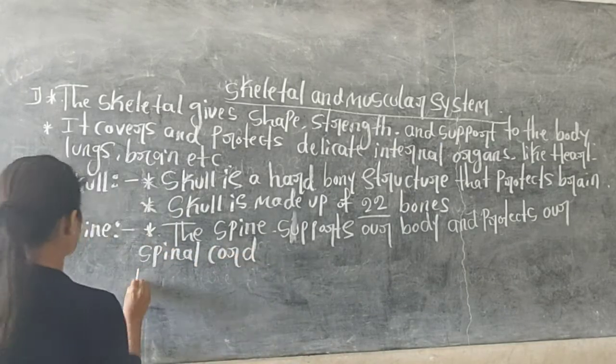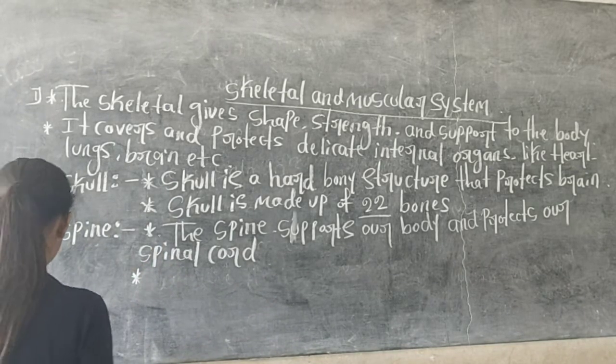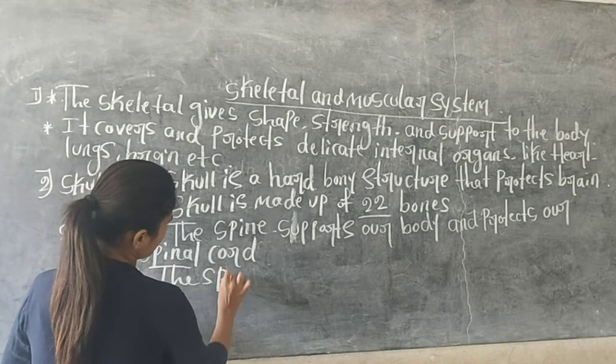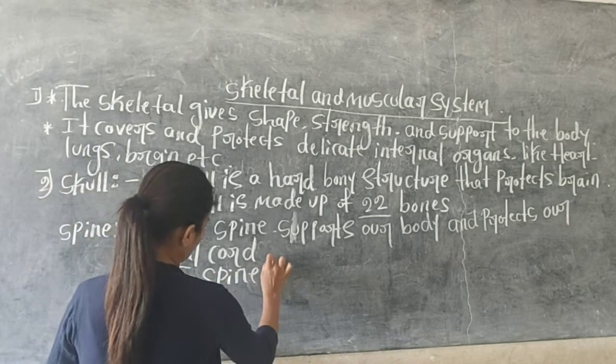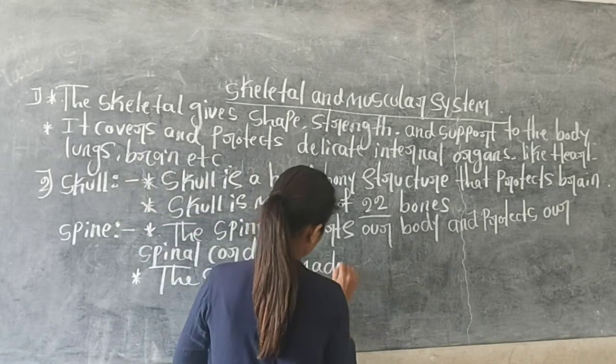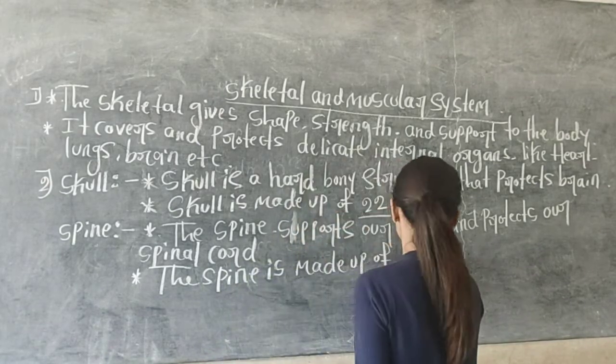This is the first point, and the second point for the spine is that it is made up of how many bones? 33.